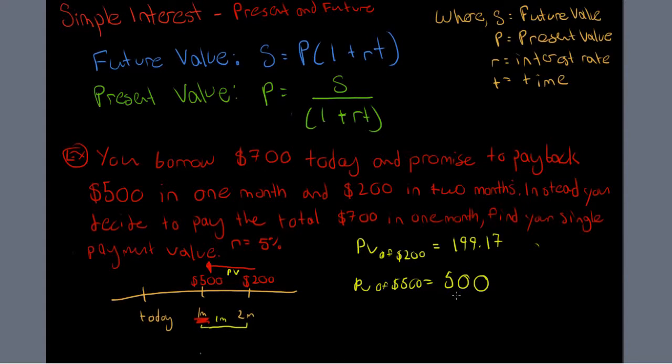Now to find the total single payment value, you just add these two numbers, and if you put that into a calculator, we have 199.17 plus 500 gives us 699.17. So for paying early, you get about a 83-cent discount.